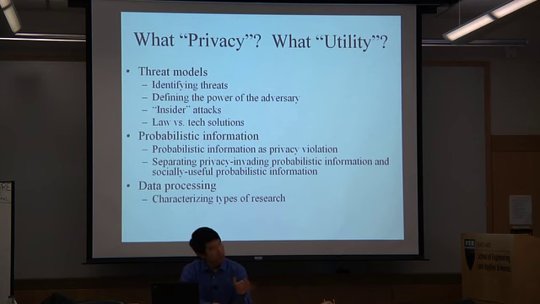That the key question here is identifying what threats it is that we are trying to address, either with a given legal solution or with a given technical solution, and defining what the power of these threats actually is, and thinking about then how it is we want to deal with the capabilities of the particular adversaries that we've identified. Okay, so that's, I think, one and perhaps the most crucial step in thinking about this problem.